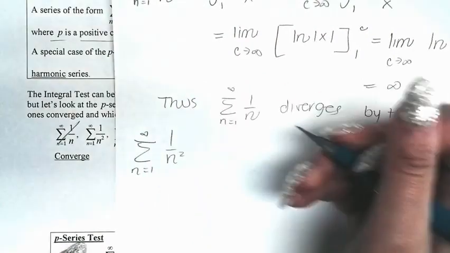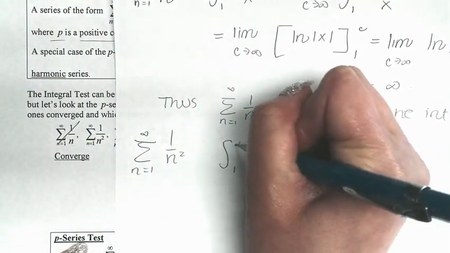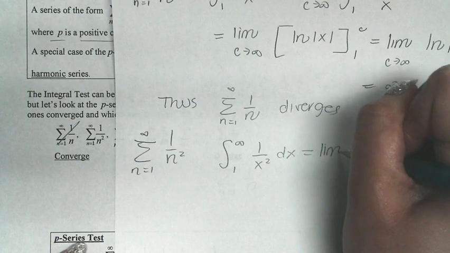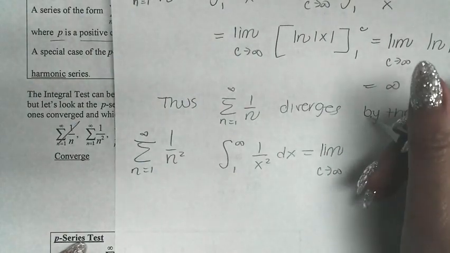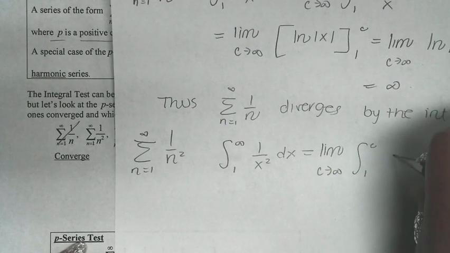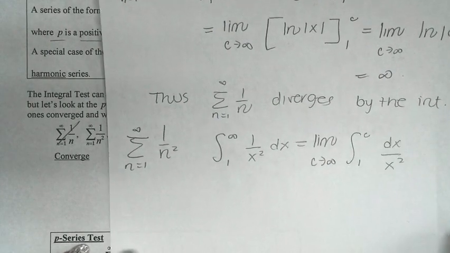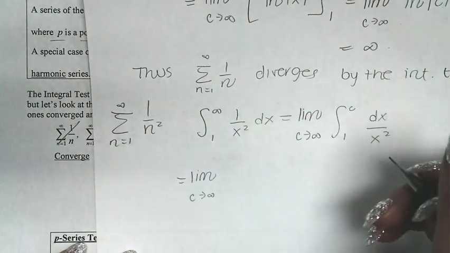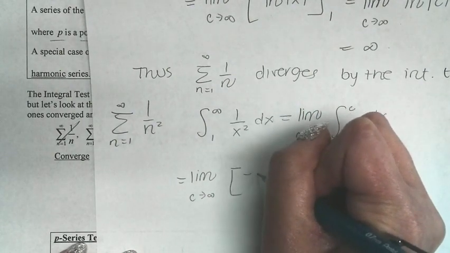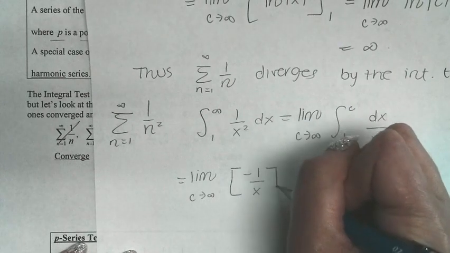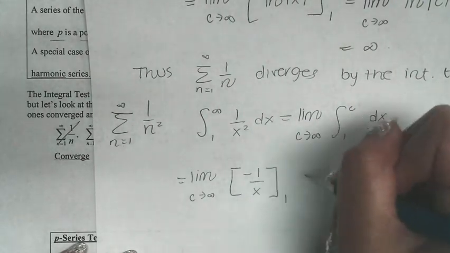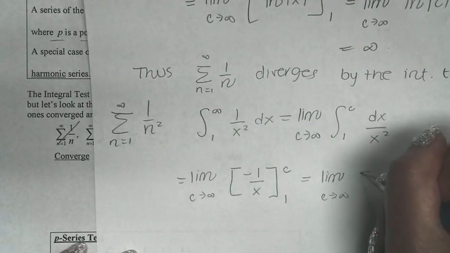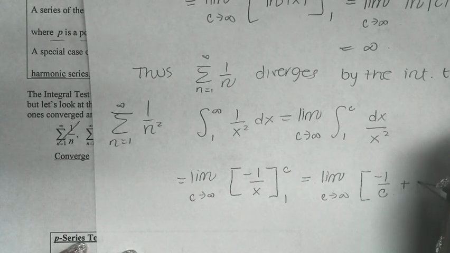So you have the integral from 1 to infinity of 1 over x squared dx, which is equal to the limit as c approaches infinity of the integral from 1 to c of dx over x squared. This is equal to the limit as c approaches infinity of negative 1 divided by x evaluated from 1 to c, which is the limit as c approaches infinity of negative 1 divided by c plus 1.